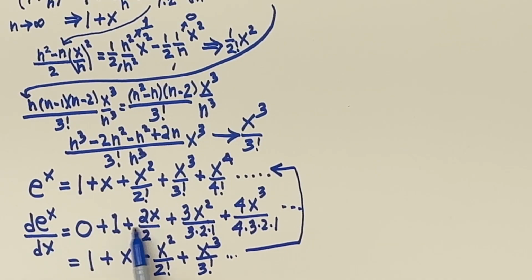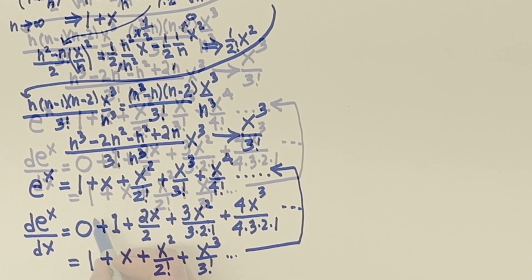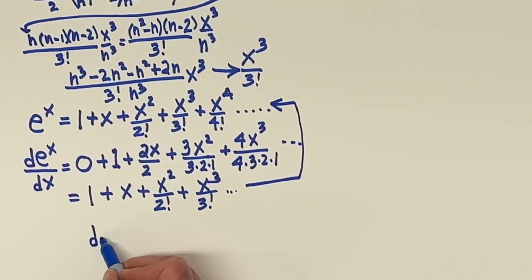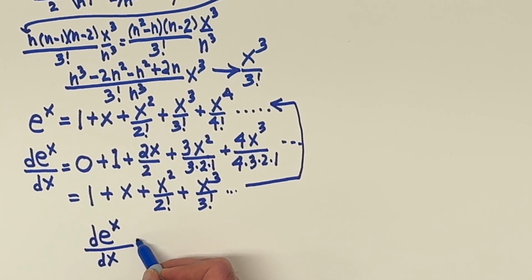In other words, the derivative is equal to the same power series. We showed that with the power series, term-by-term differentiation, the derivative of e to the x gets you e to the x. And that's a real nice conclusion to see it a different way. It's always nice in math and physics and in general if you can do things more than one way.